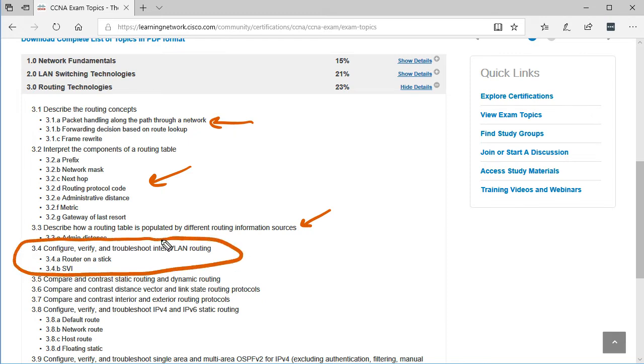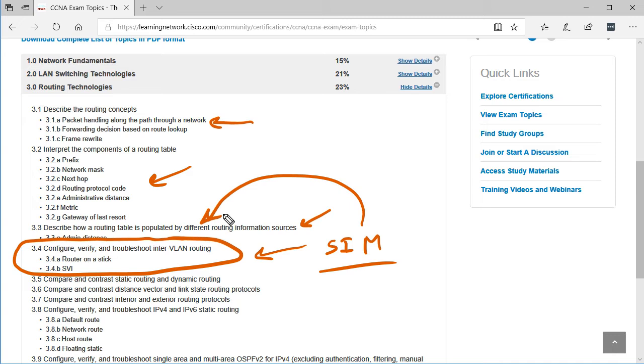This says configure, verify, and troubleshoot. So not only do we need the knowledge here that might be asked of us in like a multiple choice type question, but this is oftentimes where we will be dumped into a simulation in the exam to see if we can actually configure, verify, and troubleshoot that topic.